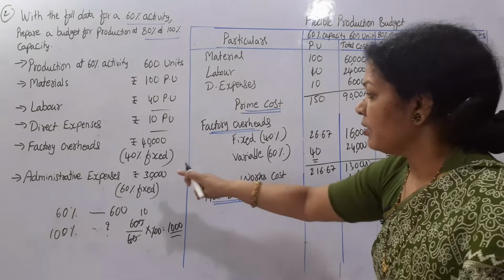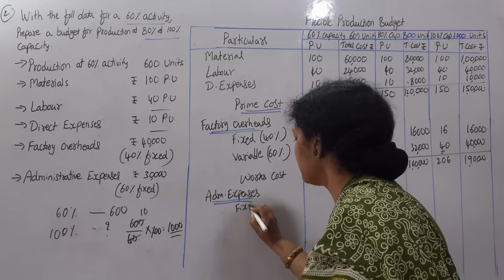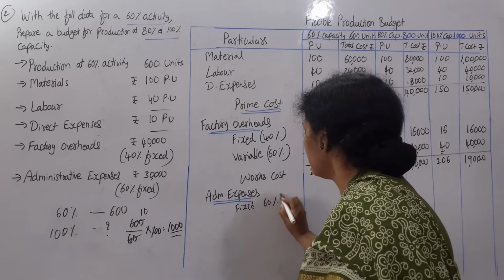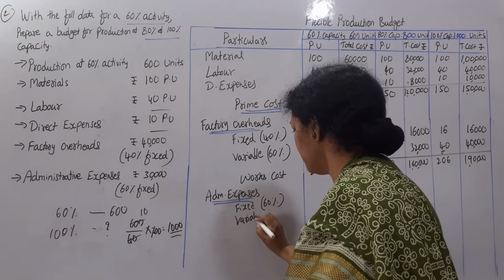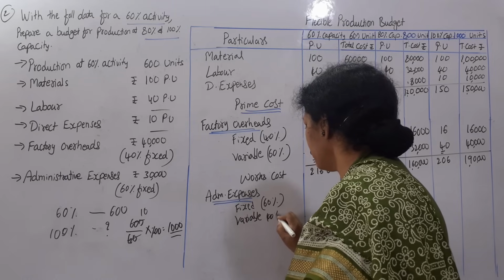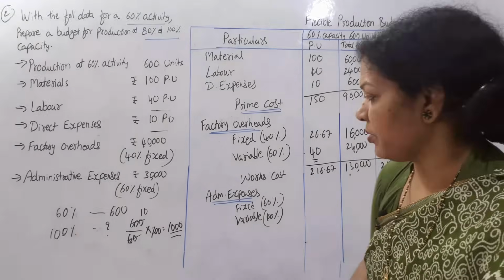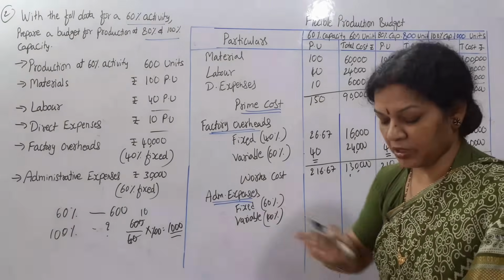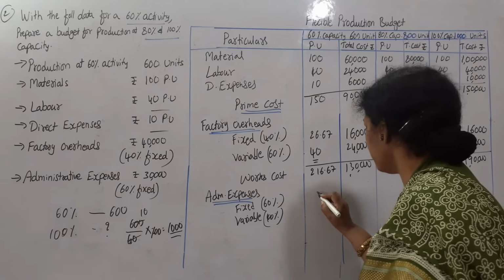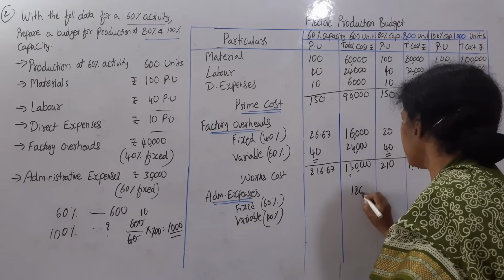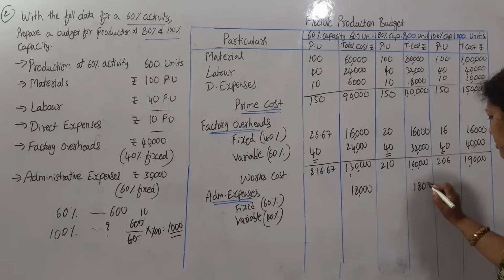Administrative is here 60% fixed, and 40% is variable. 60% of 30,000. This is administrative expense of 30,000. 30,000 into 60%, it is 18,000. We'll write 18,000 everywhere because it is fixed.